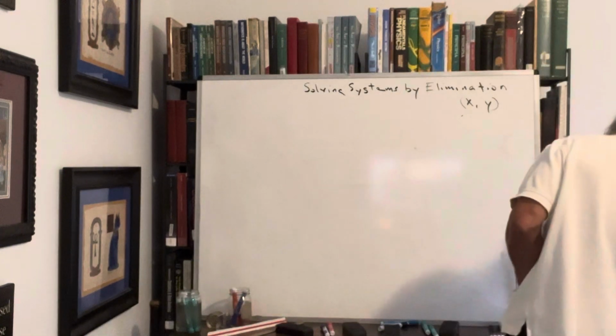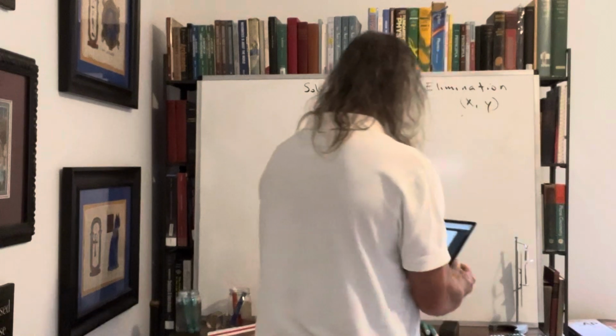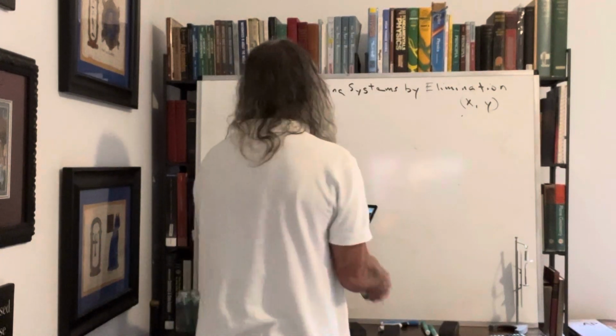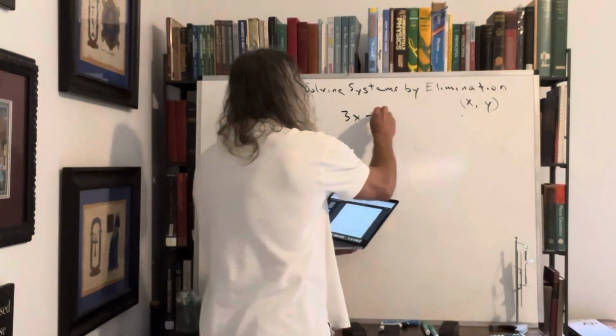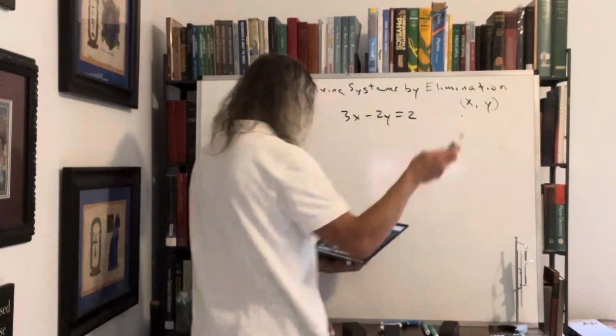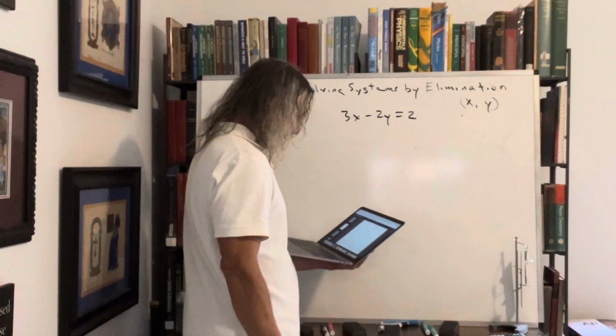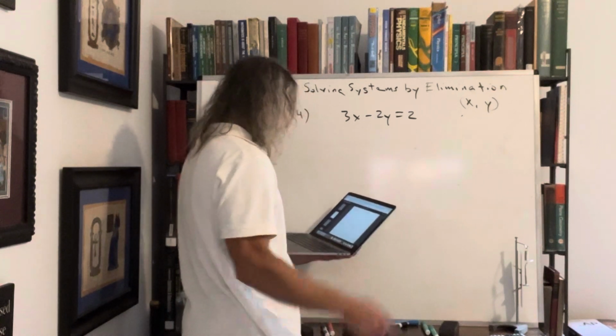So I'll do this one. 3x minus 2y is 2. Five x minus 5y is 10.